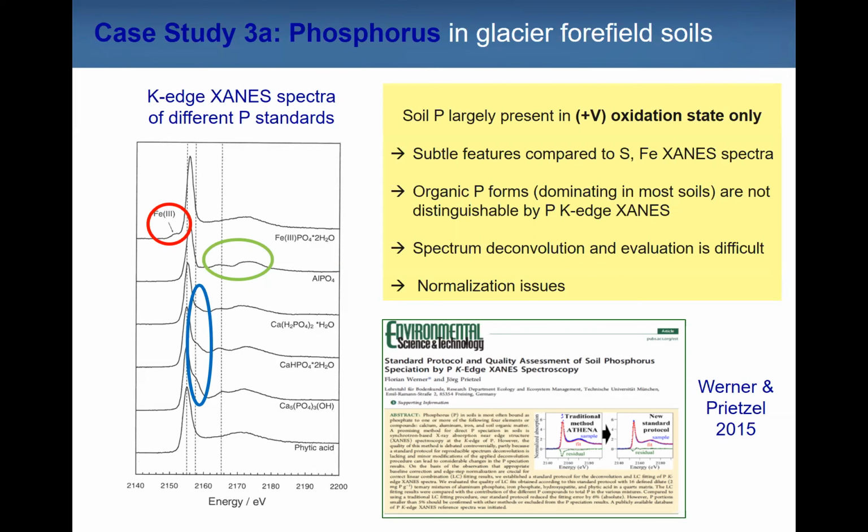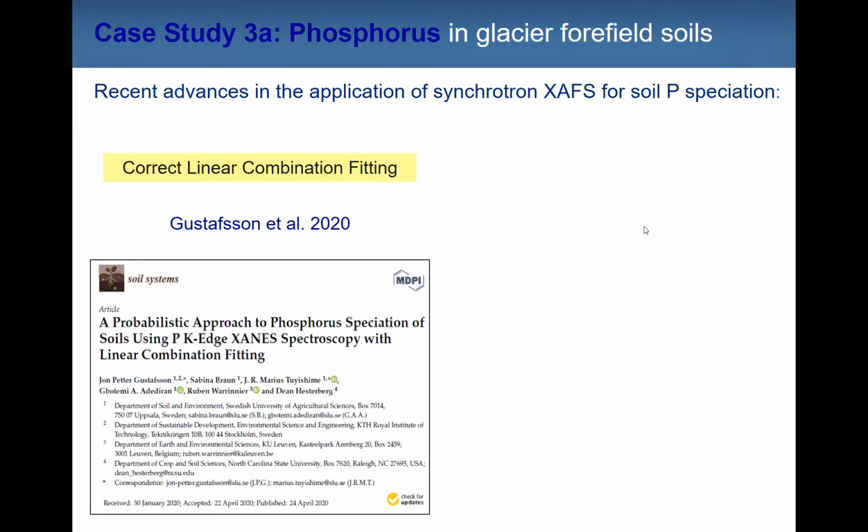And there's another problem: unfortunately, due to the small features of your different species, you can even express one standard with mixtures of other standards, which makes the system really complicated.